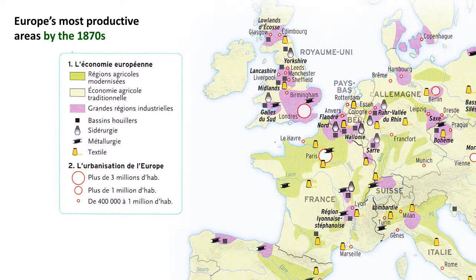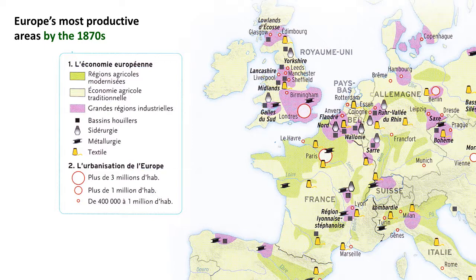That change was much less impressive in France, even though it's true that a region like the north of France or a region like Lorraine in the northeast, because they hosted the modern iron and steel industry, needed a lot of workers and so were attractive to migrants.